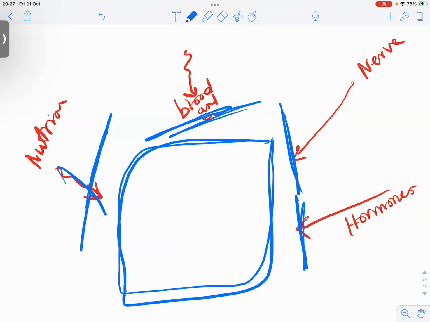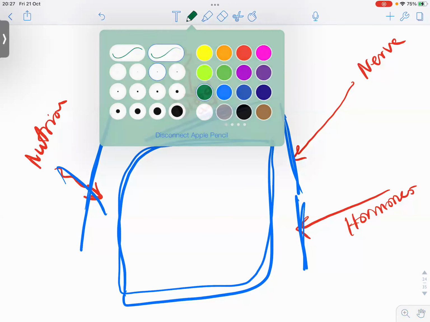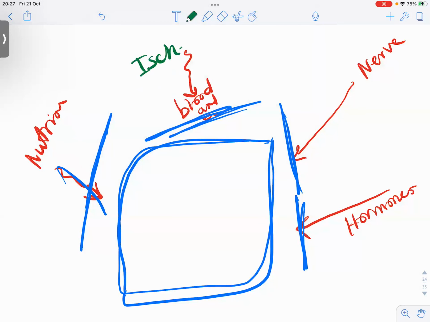For example, in ischemia. Ischemia means that the blood vessel which supplies the tissue is blocked. So no blood or oxygen goes to the cell. So the cell will start to die off because there's not enough blood or oxygen.